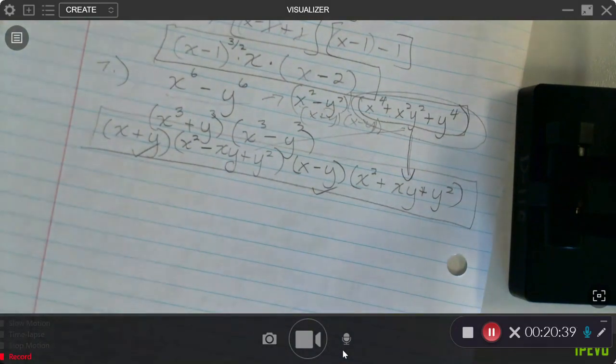I was just thinking take the x to the 4, x squared, minus, plus, and the xy would have to be xy, and the ending would have to be y squared. Or does that not work out?